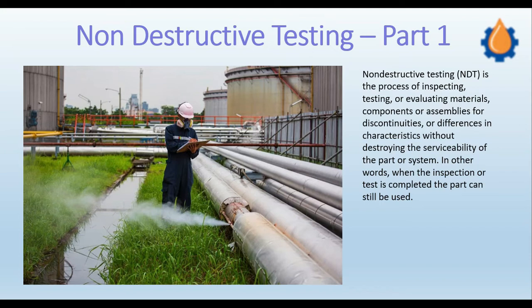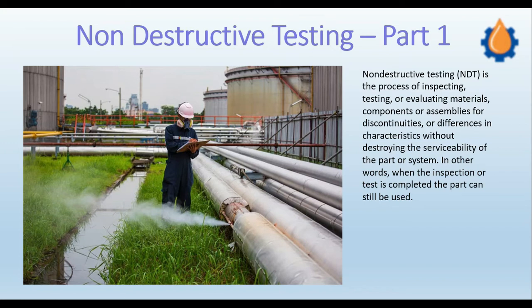As I said earlier, NDT is applicable to welded components to check the quality of the weld joint. Additionally, it can also be used to identify the quality of castings.